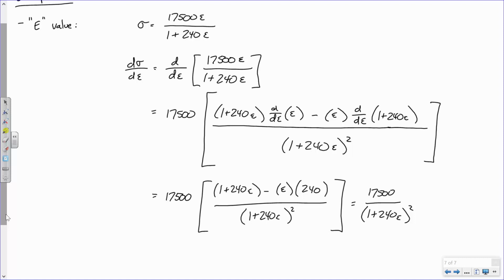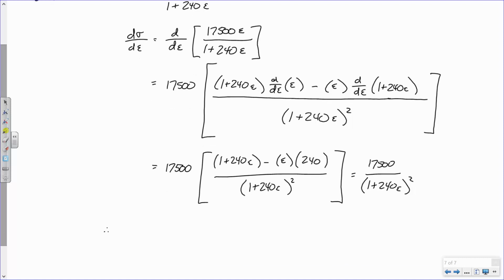So we take the derivative and we plug in 0. So if I plug in 0, what do I get? Exactly. So therefore, E is 17,500 over 1 plus 240 times 0 squared. And that's going to give me 1 squared on the bottom, which is 1, which is 17,500.